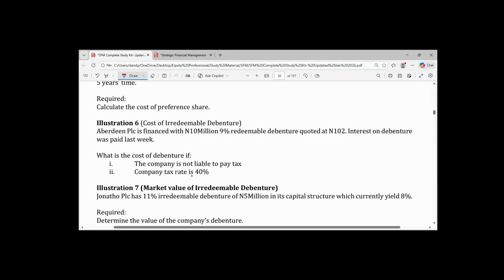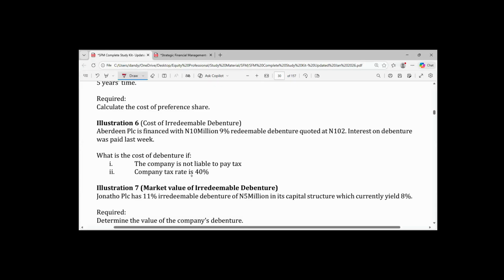At a discount, it will be less than 1 naira. Specifically, we said that preference share will only be redeemable if and only if the redemption date or maturity date is given. If you don't have the redemption date or the maturity date, it should be treated as cost of irredeemable preference share. Then we moved to discussing cost of debt.